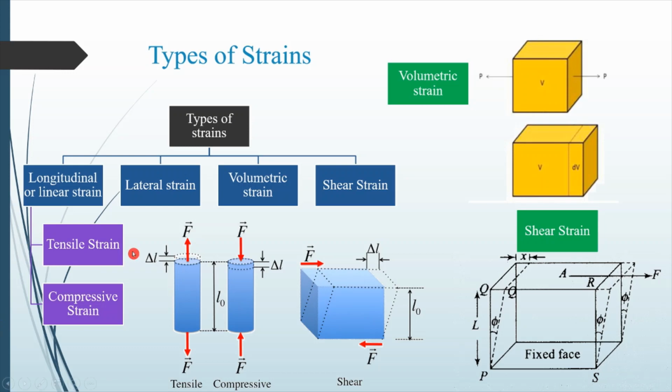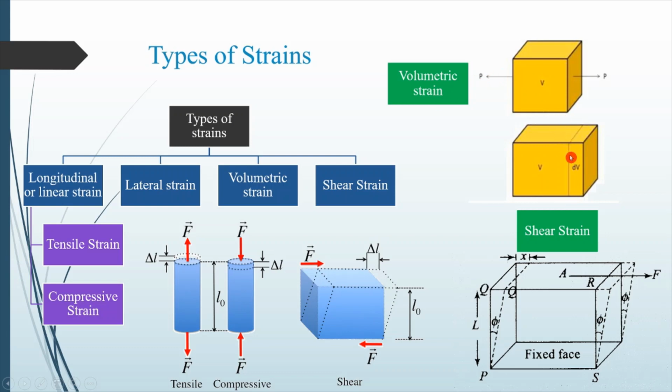So here you are observing tensile strain. This delta L divided by L0 will give you tensile strain. Then this delta L divided by L0 will also give you compressive strain when forces are towards the body. Then volumetric strain.